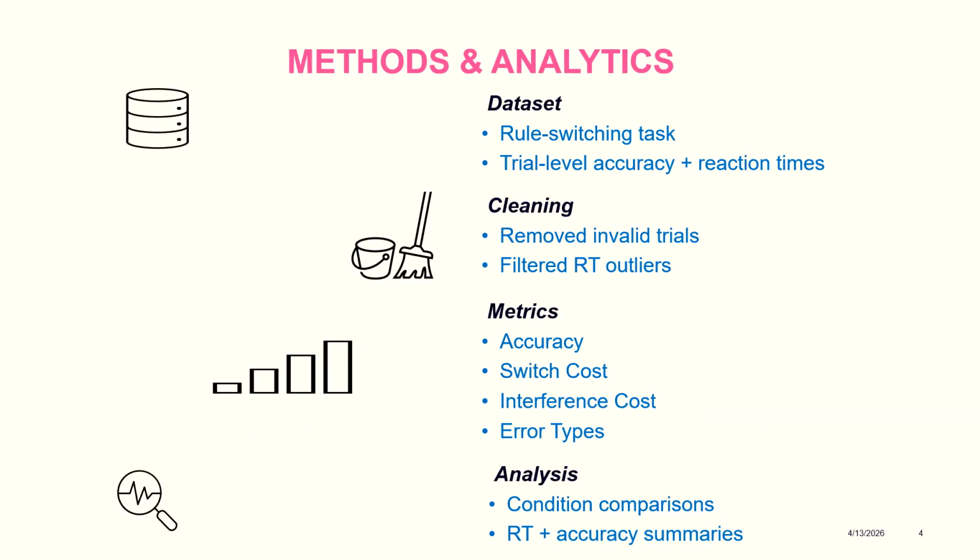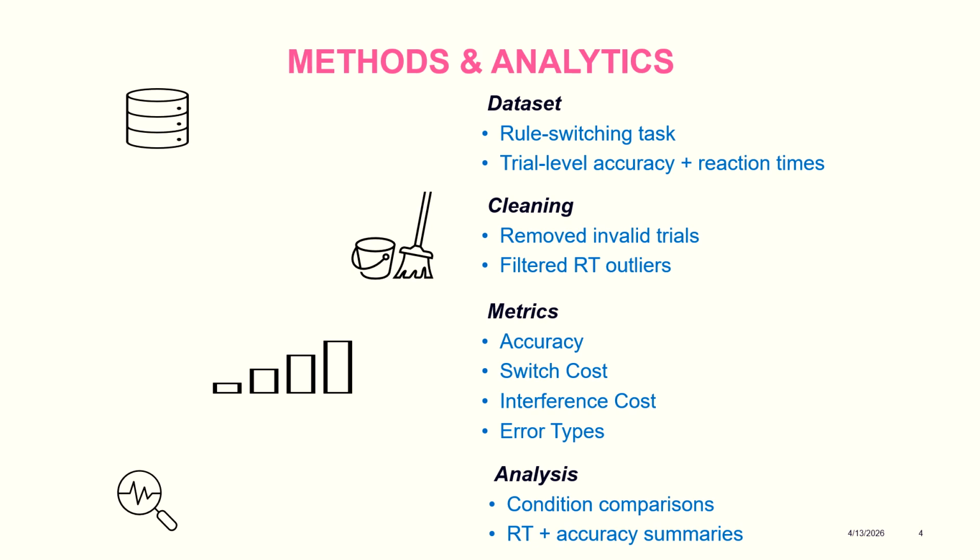for the Kaggle competition, we work with a trial-level dataset containing accuracy and reaction-time-like measurements for each model response. The dataset consists of a rule switch task where each trial includes the rule applied, the stimulus, the model's response, the accuracy, and the reaction time proxy.